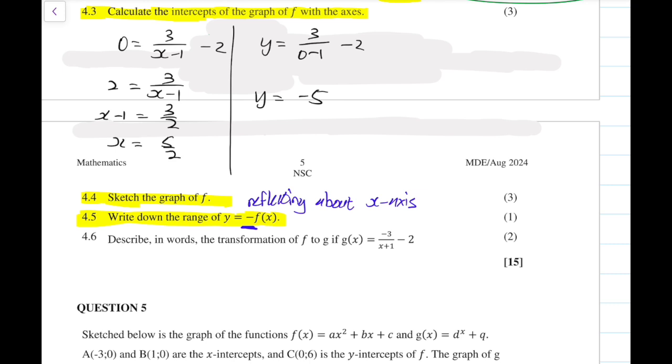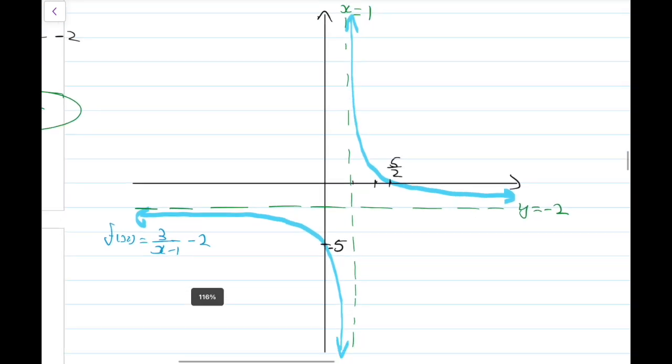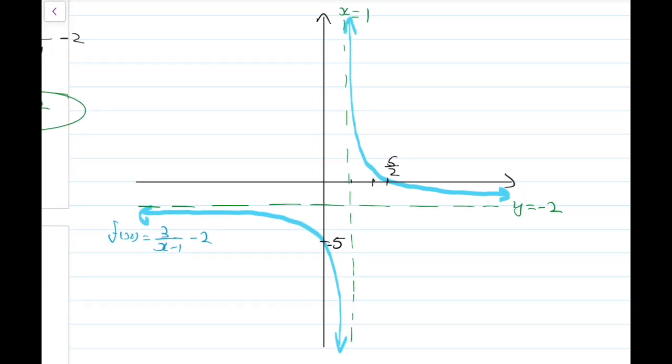So let's have a look at our graph quickly. If we reflect this graph about the x-axis, it's going to look like this here. And then on this side, it's going to go through like that there. So where is it not reaching in terms of the y values? It's still not reaching this y value here.